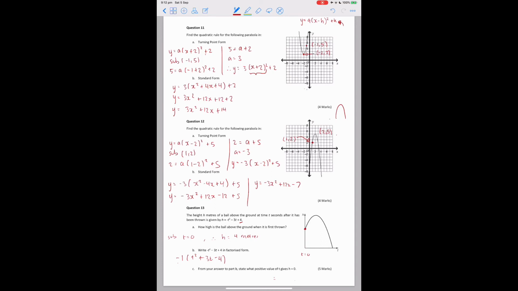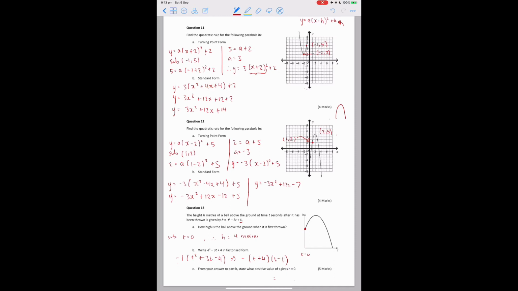Find two numbers that multiply to give you -4 but add up to give you +3. You'd agree with me that it's going to be +4 and -1. So if I factorize this, this is what I should get, and that should be your answer over here.